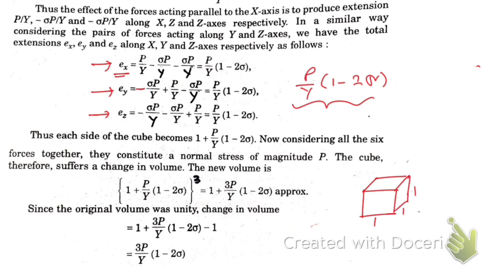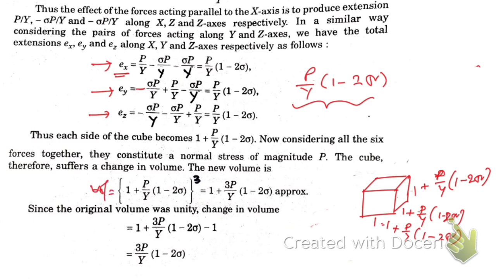Now its sides become 1 plus P by Y into 1 minus 2 sigma. Similarly breadth and length also become 1 plus P by Y into 1 minus 2 sigma. That's why volume is given by this expression.